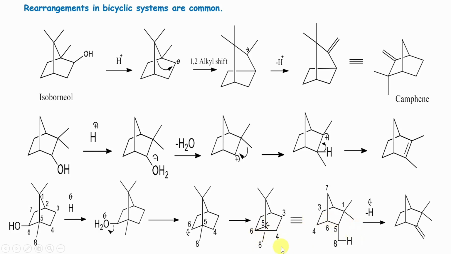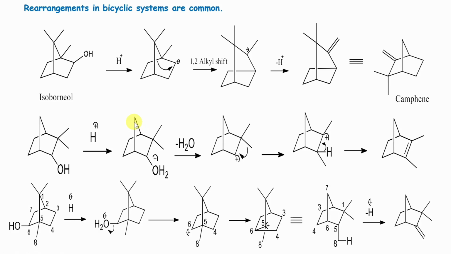From this tertiary carbocation, a proton is eliminated from this methyl group, or from the eighth carbon atom. It is the methyl group, and a proton is eliminated from here, forming this alkene. Okay, all these reactions involve the Wagner-Meerwein rearrangement reaction.